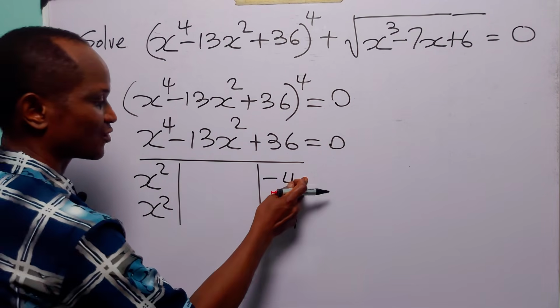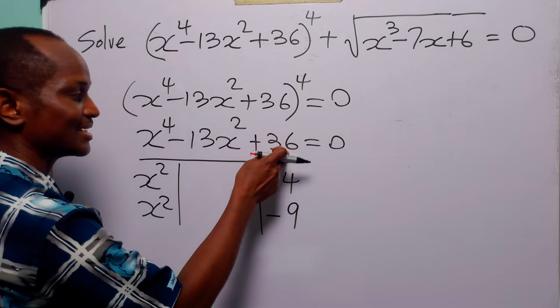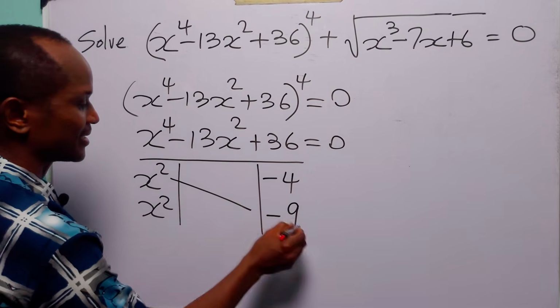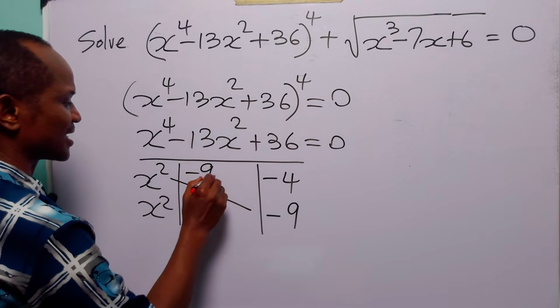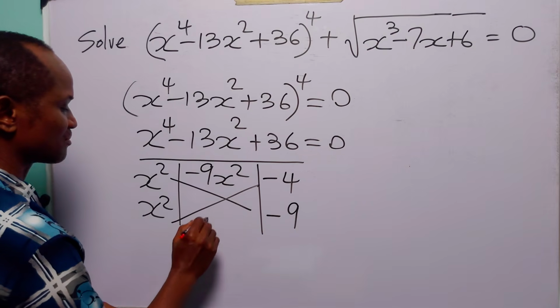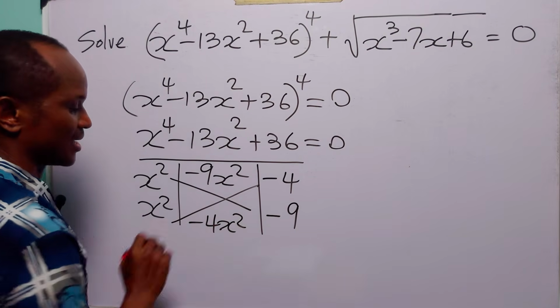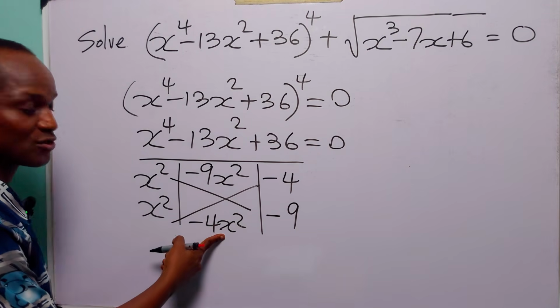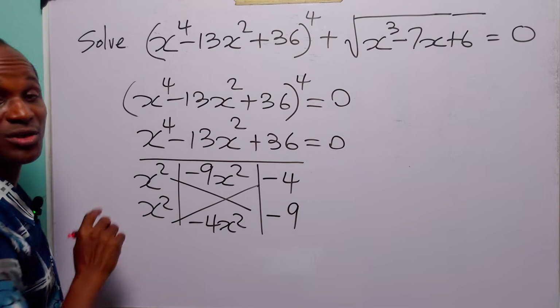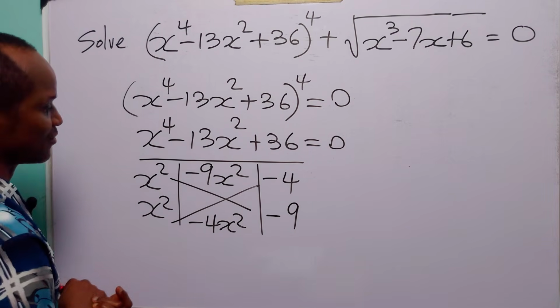Of course, you know that minus 4 times minus 9 is still going to give us plus 36. Now, x squared times minus 9 is minus 9x squared. And x squared times minus 4 is minus 4x squared. And of course, you know that minus 4x squared minus 9x squared is going to give us minus 13x squared.